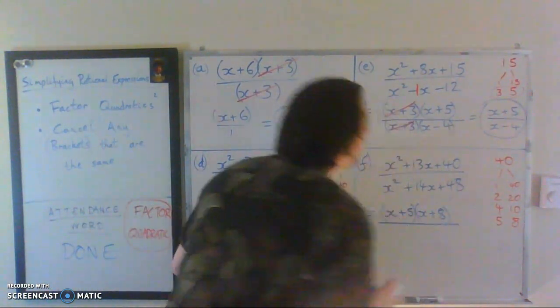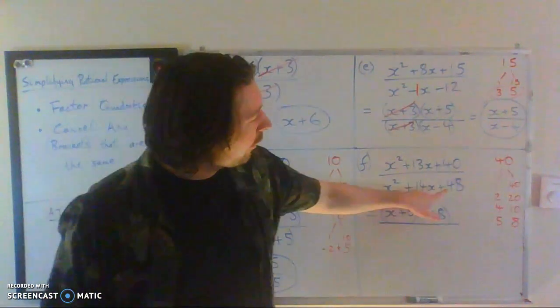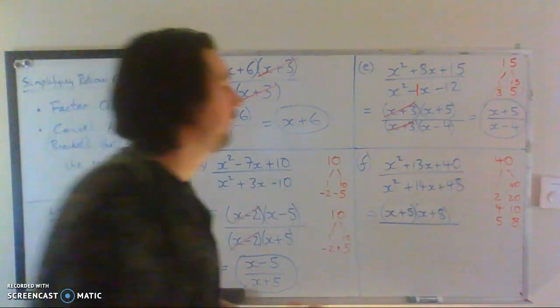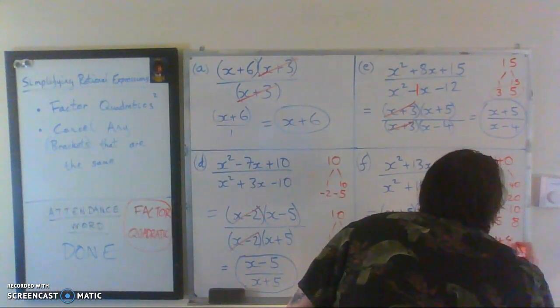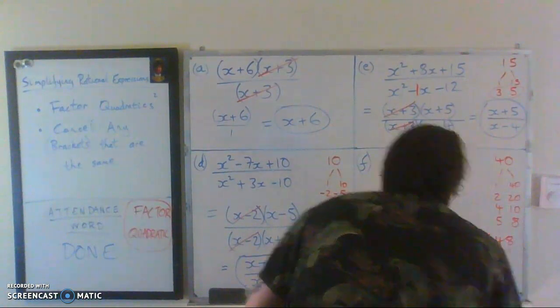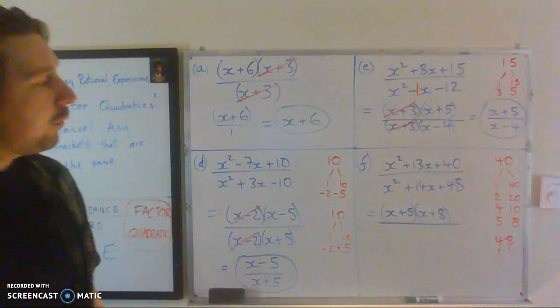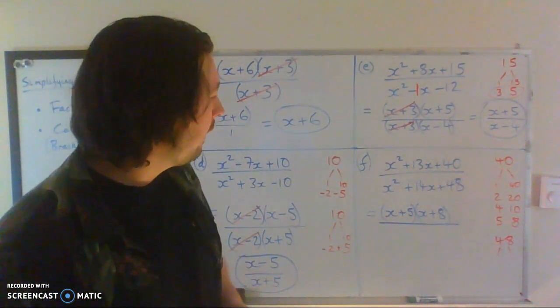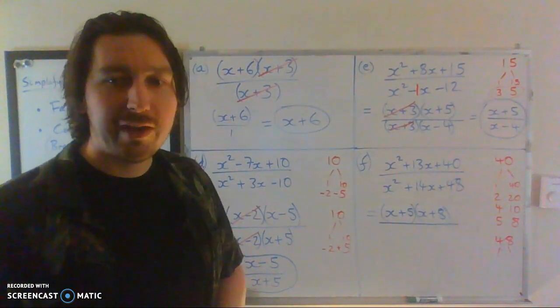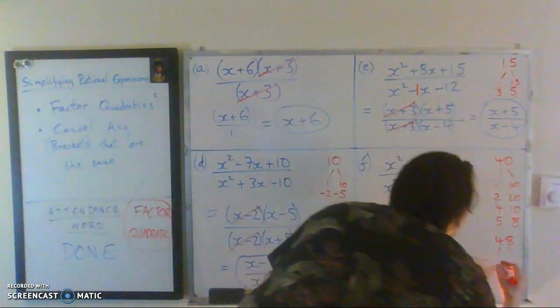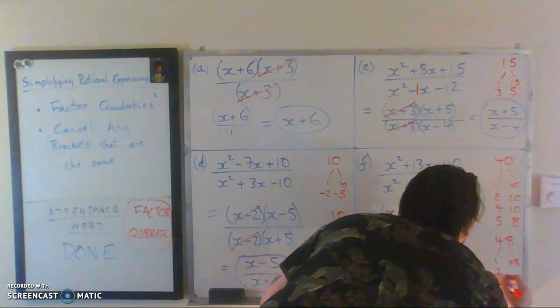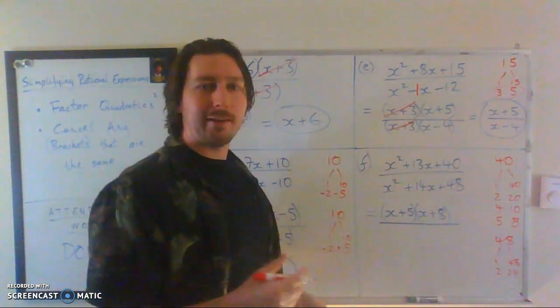And then for the bottom one, I've got a 48. That's another rough one, because there's a lot there. There's 1 and 48. There's 2 and 24. But if you think of your times table, the one that comes to mind for this, 48 is 6 times 8.